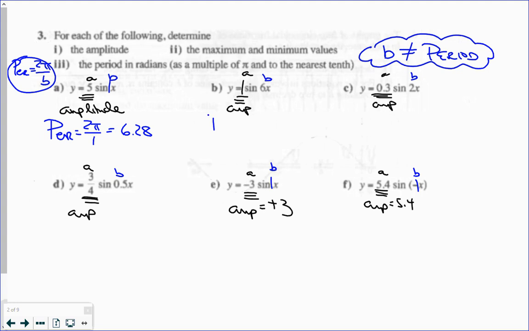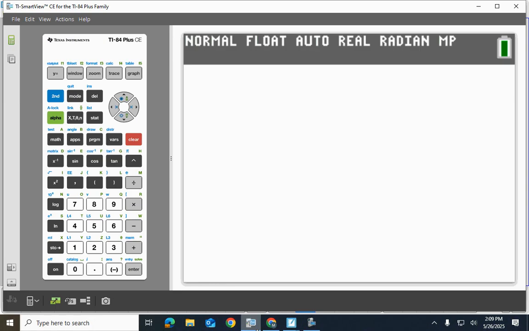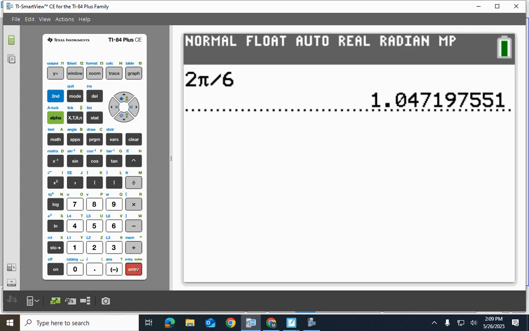Here, the period is 2 pi over 6. We're going to punch that into our calculator. So 2 pi divided by 6. Usually we do 2 decimal places, so 1.05.